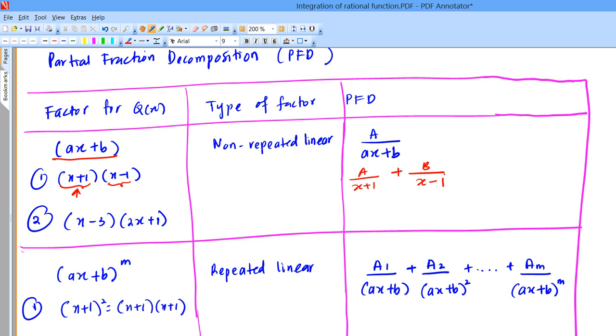Next, example number 2: if we have x minus 3 times 2x plus 1, both functions in the brackets are non-repeated linear. So for the first bracket we write A over x minus 3, plus for the second bracket B over 2x plus 1.